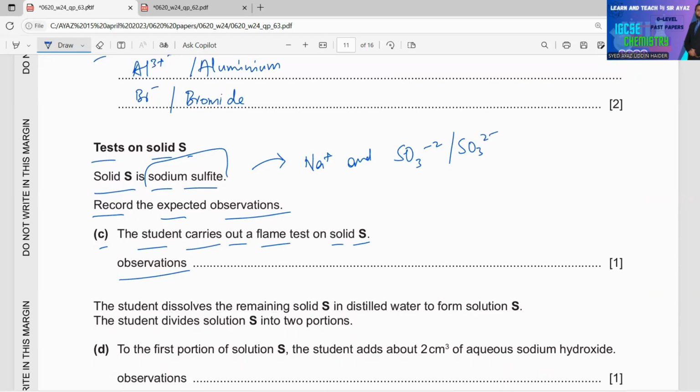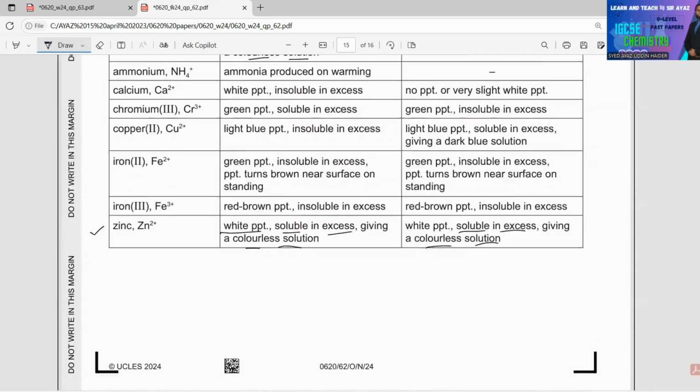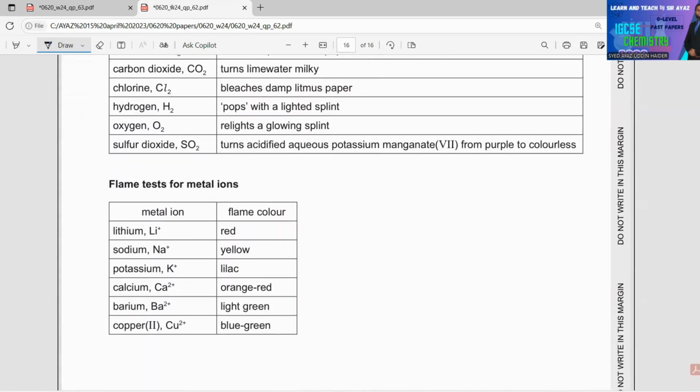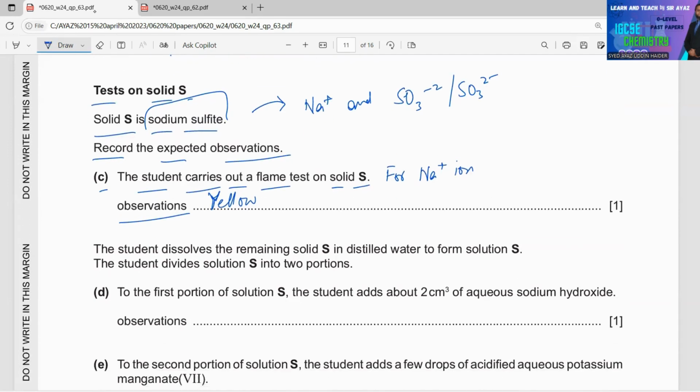So the flame test must be for Na+ ion. Let's see the color for the Na+ ion for flame test. It gives yellow. So you'll write yellow. This will be the observation for the flame test carried out with this solid S.